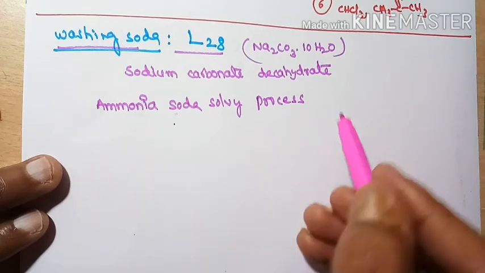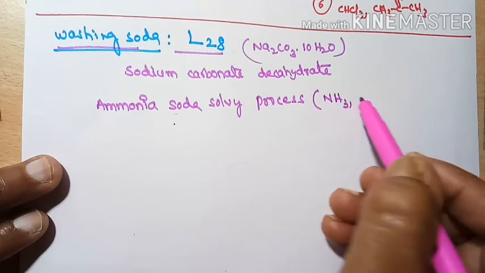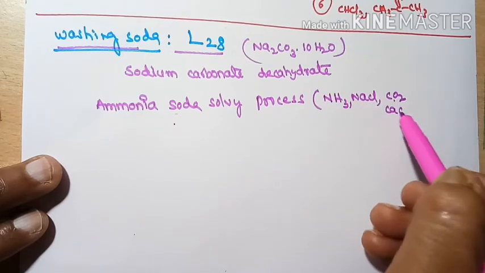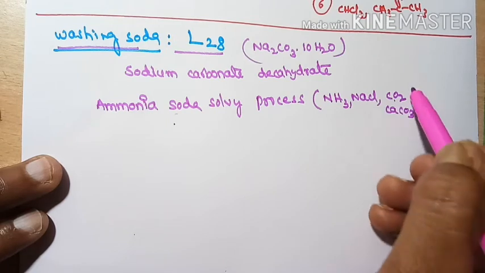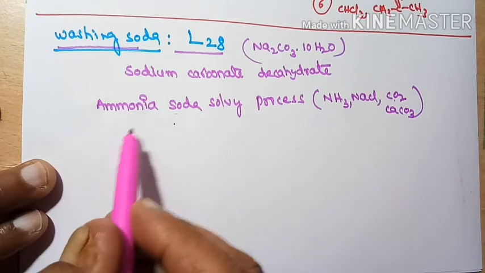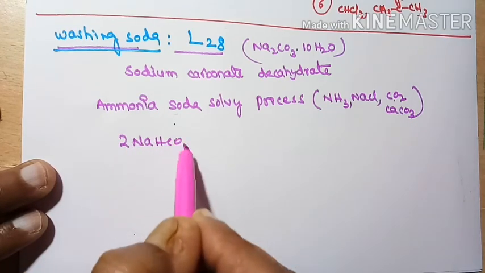In the ammonia soda process, we use ammonia, sodium chloride and carbon dioxide as raw materials. To get carbon dioxide we use calcium carbonate. Using these materials, we first prepare sodium bicarbonate.